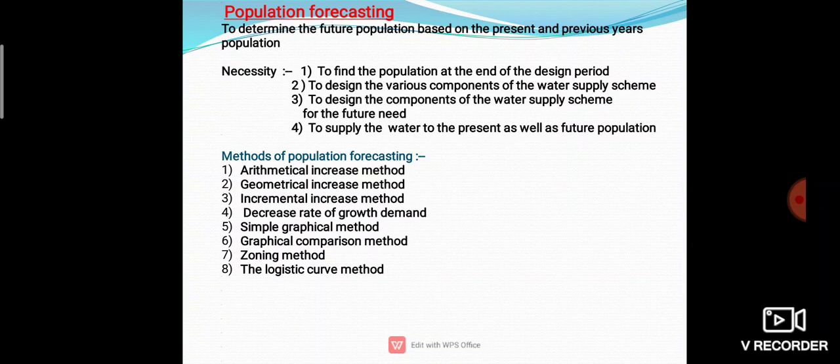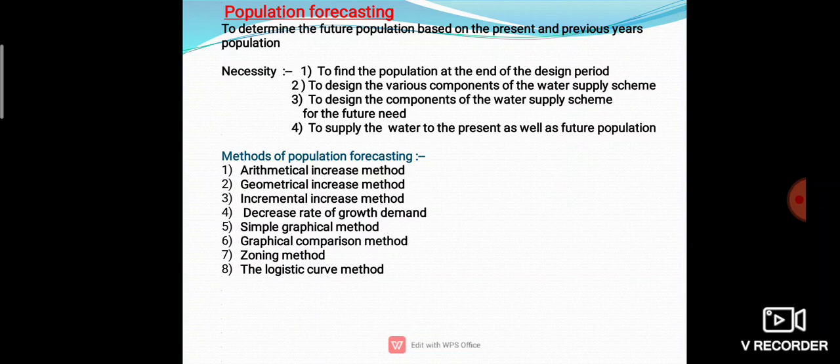For example, if I want to design a water tank, what are we going to do here? If the population in 2020 is, say, 20,000, and we design the whole water tank structure for a population of 20,000, is it feasible to use after 10 years, even after 5 years?